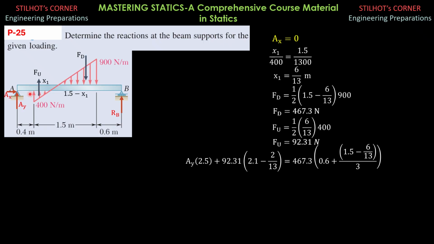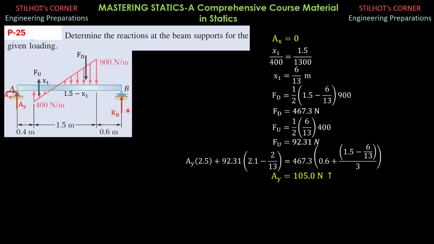Then equals FD, 467.3, and its distance from the right is 0.6 plus 1/3 of 1.5 minus x1. So using your calculator, we can now solve for AY, and AY equals 105 newtons, and it is upward.